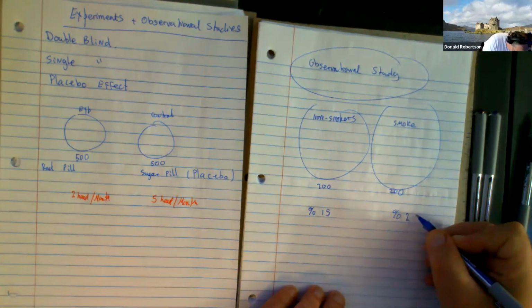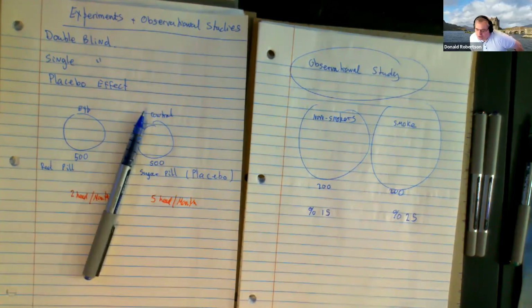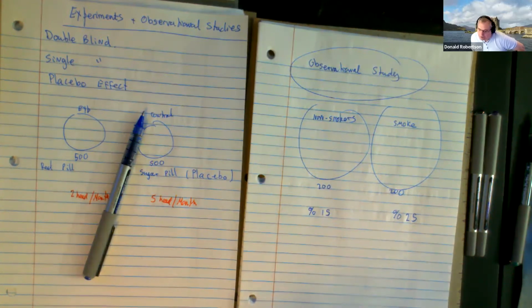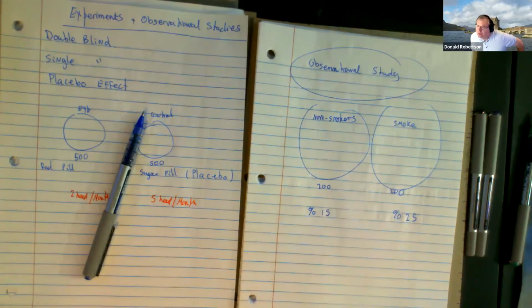And this is made up numbers. The cannabis smokers are 25% of them over a 10-year period ended up at least sometime in their life needing some help on anxiety, depression, whatever. And 15% of the non-smokers. Now, you might look at that data and say, well, yeah, cannabis smoking is bad for your mental health. It's much higher for the cannabis smokers than it is for the non-smokers.